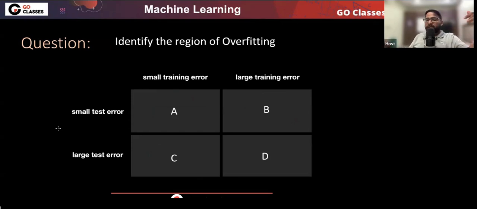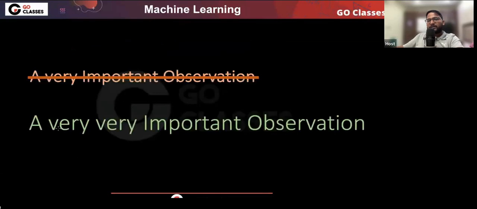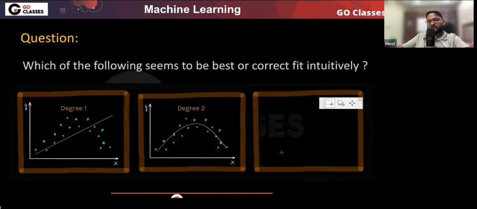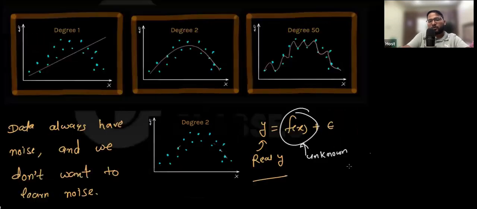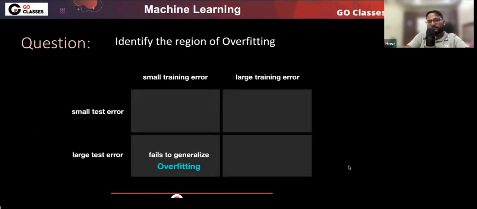See, overfitting is paying too much attention to the training data. It means it is learning too closely on the train set. So definitely the training loss will be lesser, too close to the train data.